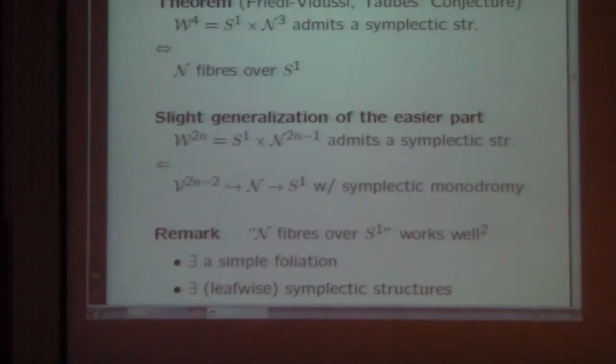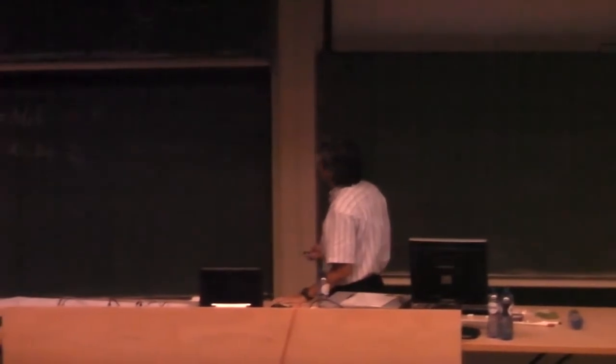The reason why we could easily foliate the tubular neighborhood is that the link of the singularity, the nil manifold, fibers over a circle.